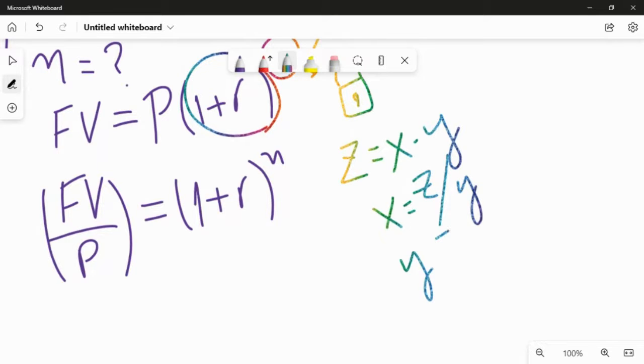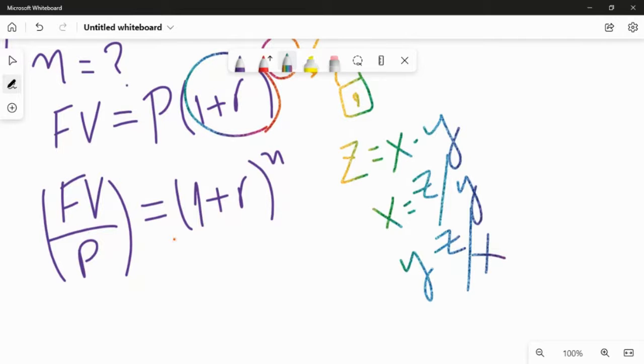If y is the unknown, z divided by x, right? But in this case, can you identify that structure? Can you identify the z equals x times y structure?